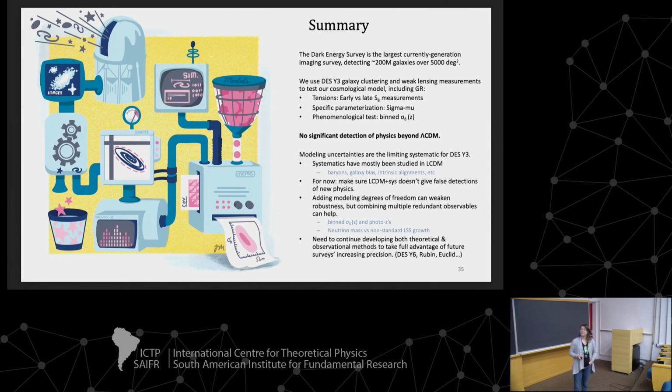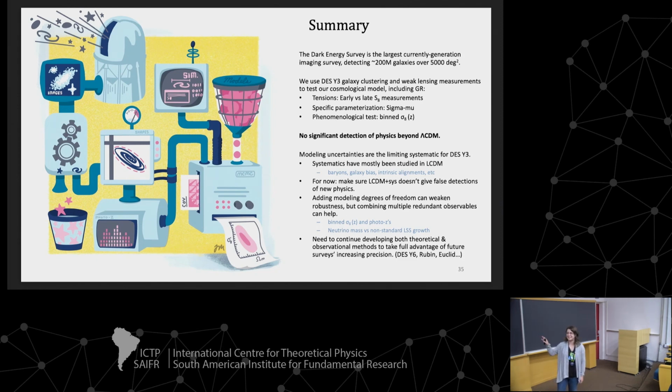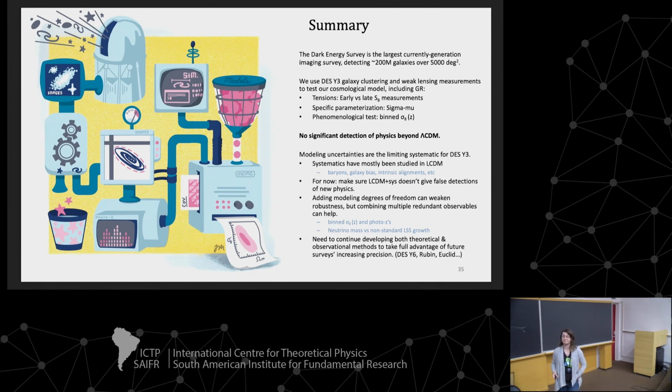The modeling uncertainties and the scale cuts we need to make to account for that are already one of the limiting factors to our constraining power. So there are a lot of exciting prospects for future analyses, both from DES and other experiments. We have a lot of work to do as theorists to keep up with the increasing precision of those measurements. So I'll end there. Thank you for listening.